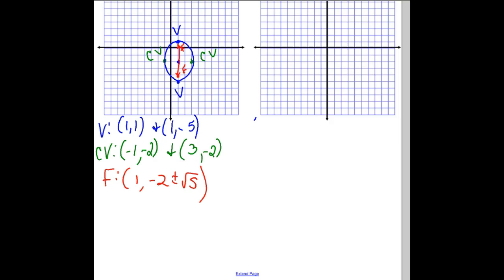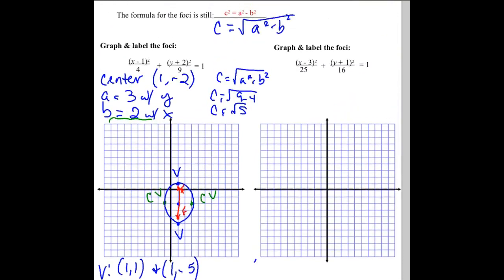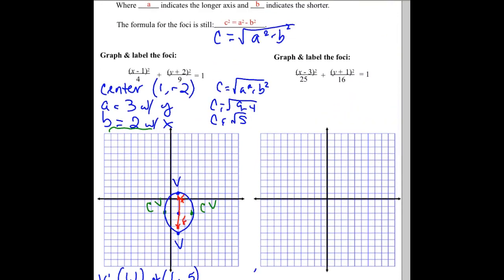Okay? All right, let's try another one. We need to find the center. What is my center point going to be? Okay, I heard 3, -1. Agree? Okay, so let's plot that point.